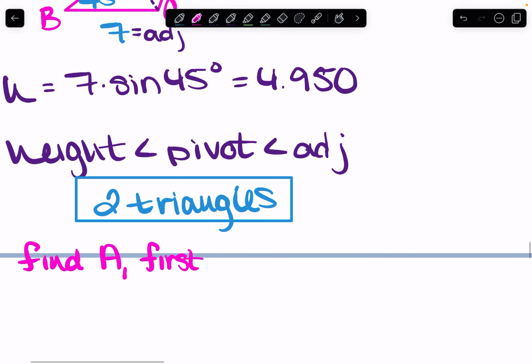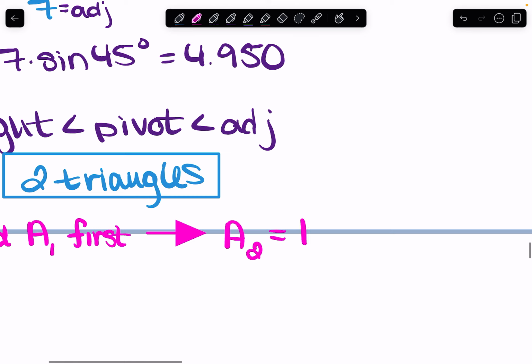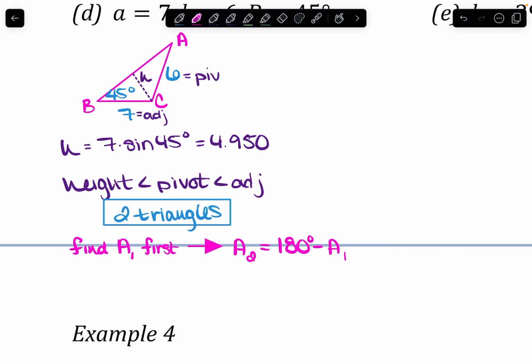Then for the second option triangle, I call it A sub 2. Angle A sub 2 is the supplement of A sub 1. So angle A sub 2 would be 180 degrees minus that first A that we found, and that would be your starting point to finish the other triangle as well.